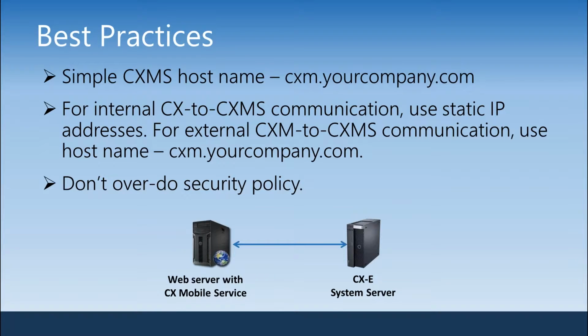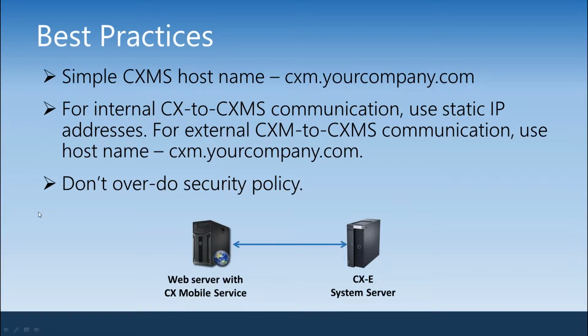Some things to keep in mind. Keep the host name something simple, like cxm.avst.com or something like that. Don't put in some long name. Remember, somebody's going to have to type this in on a device, so make it simple to type. You should use static IP addresses.